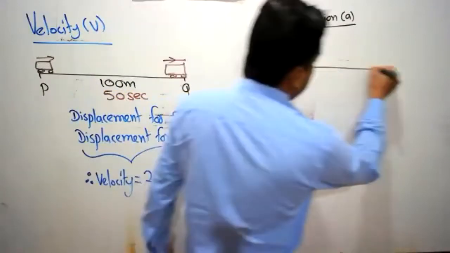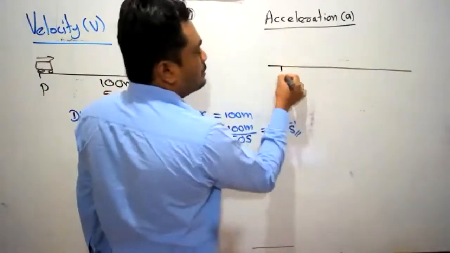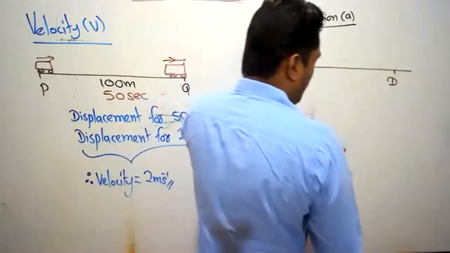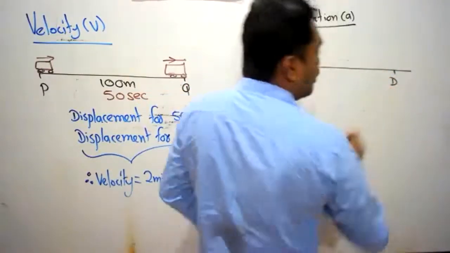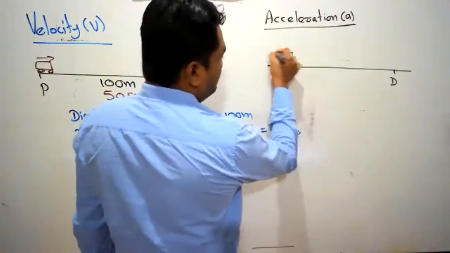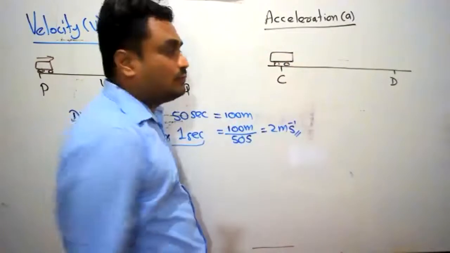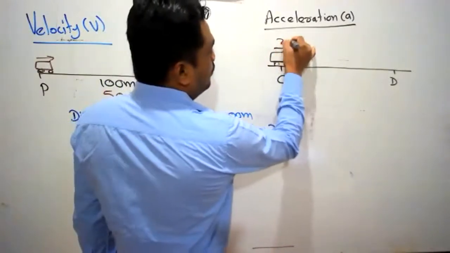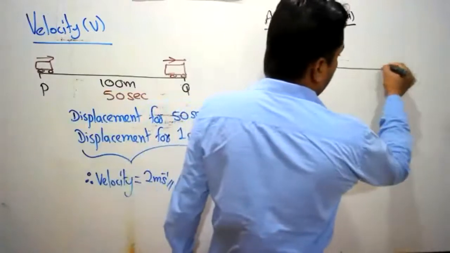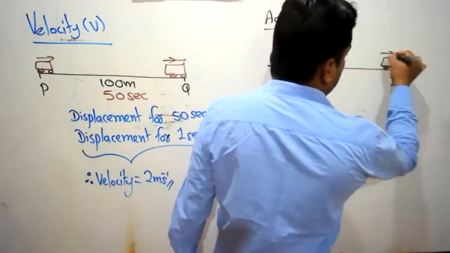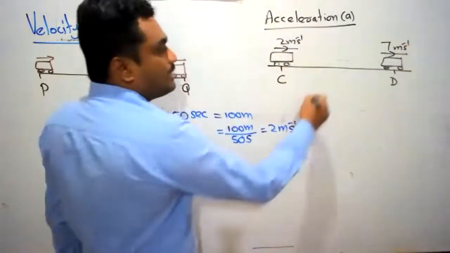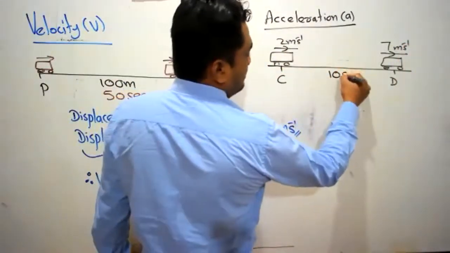For example, let's say a vehicle travels from point C to point D. The starting velocity of the vehicle, let's say 2 meters per second. The final velocity of the vehicle, let's say, is 7 meters per second. The time taken for this, let's say 10 seconds.